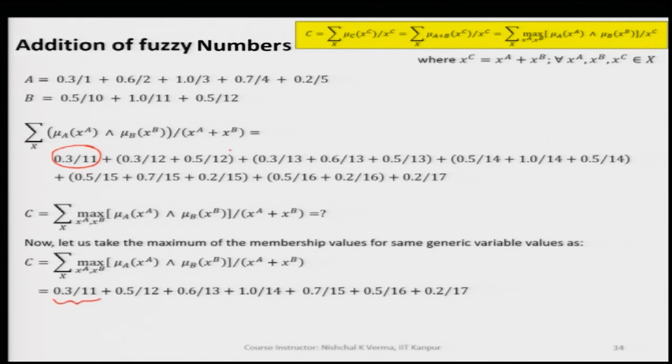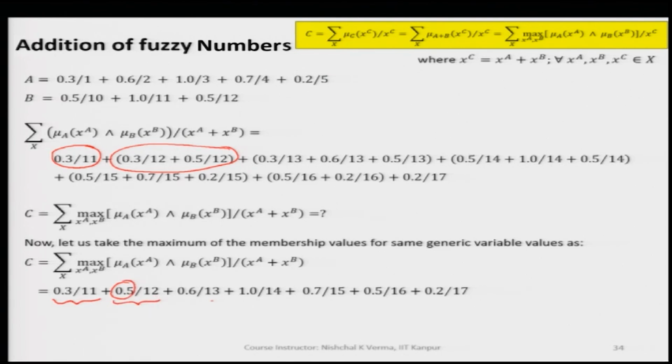But if we have more terms for the same generic variable values, like for 12 we have two terms, then for these two terms we take the max of the corresponding membership values. So, when we take max of 0.3 and 0.5, we get 0.5 here. So, we write 0.5 oblique 12.